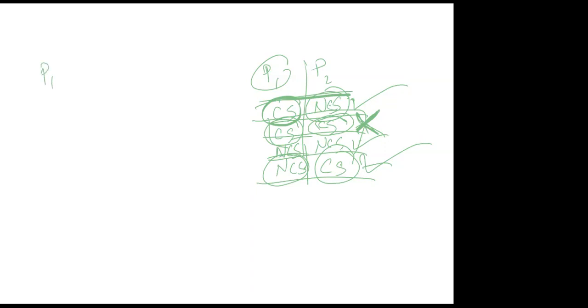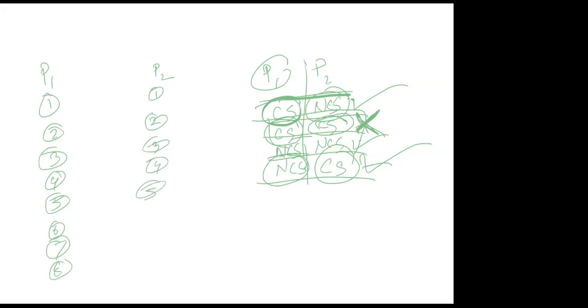There is process P1, and here is also process P2. Let's say there are several instruction lines, 1, 2, 3, 4, 5, 6, 7, 8. Also process P2 contains instructions 1, 2, 3, 4, 5, 6, 7, 8.